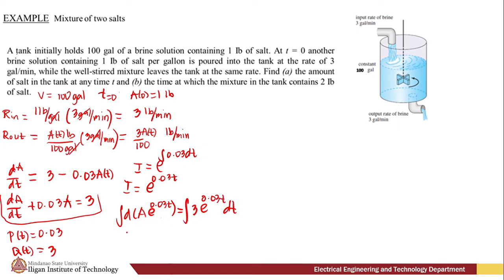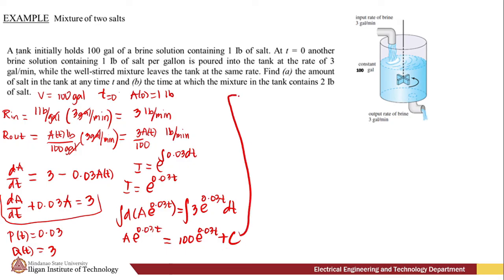Solving for the integrals, we have A e raised to 0.03 t is equal to the integral of 3 e raised to 0.03 t dt, which is equal to 100 e raised to 0.03 t plus C. Simplifying this, we divide the whole equation by e raised to 0.03 t.